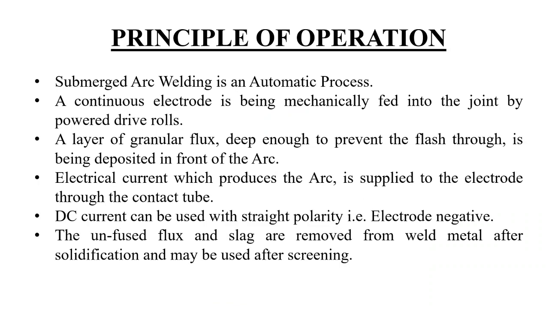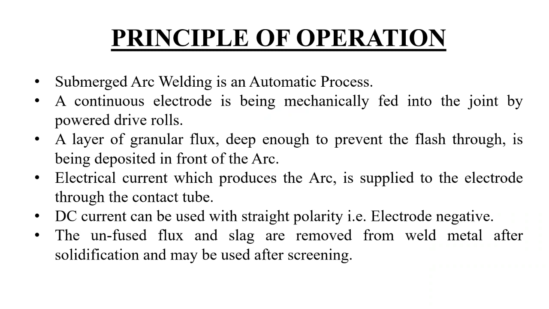Principle of operation. Submerged arc welding is an automatic process. A continuous electrode is mechanically fed into the joint by power drive rolls. A layer of granular flux deep enough to prevent the arc flash through is deposited in front of the arc.